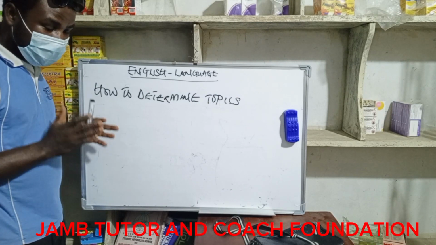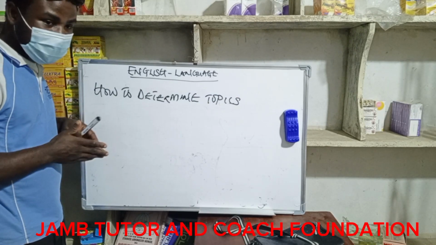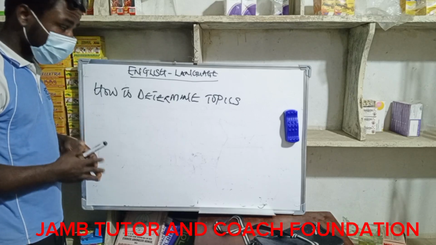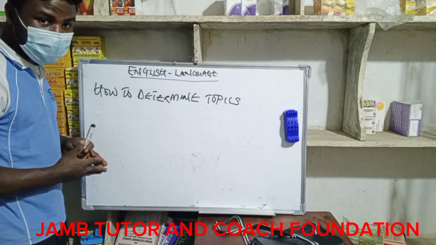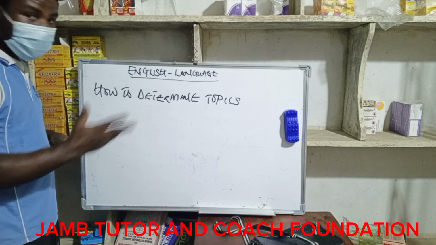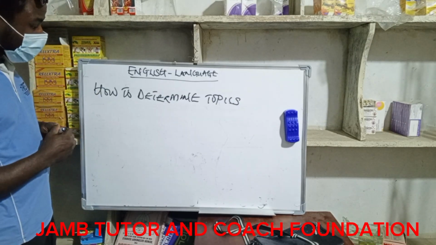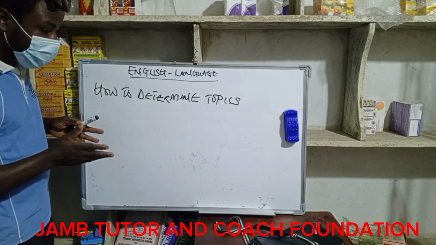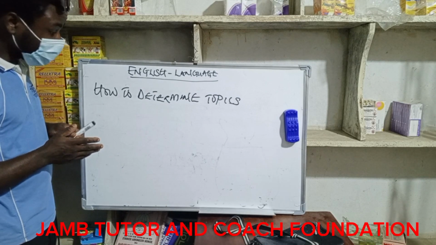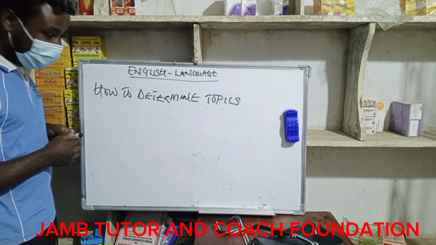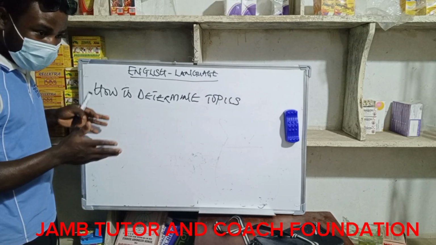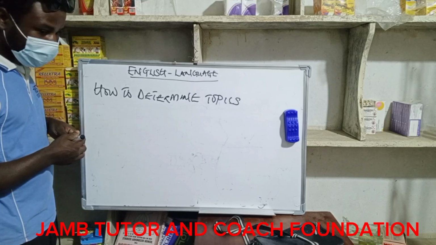Alright. How to determine the topics of a question? Like in your English exam, how would you know the topic from which the question is being drawn? This is the simple way to know. If you are being asked a question, you should be able to examine grammatically the place where the dash falls.